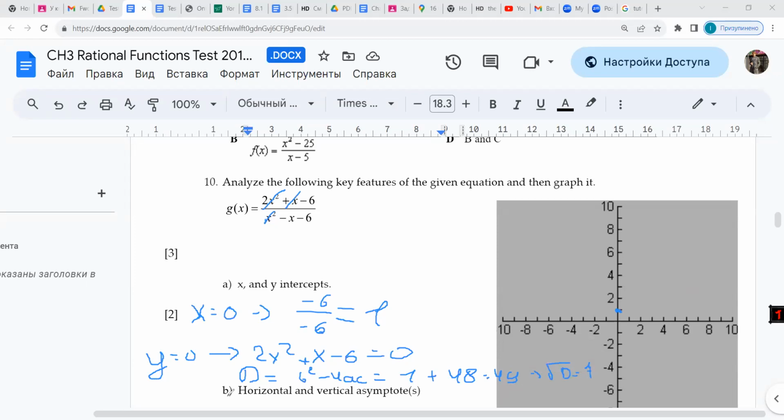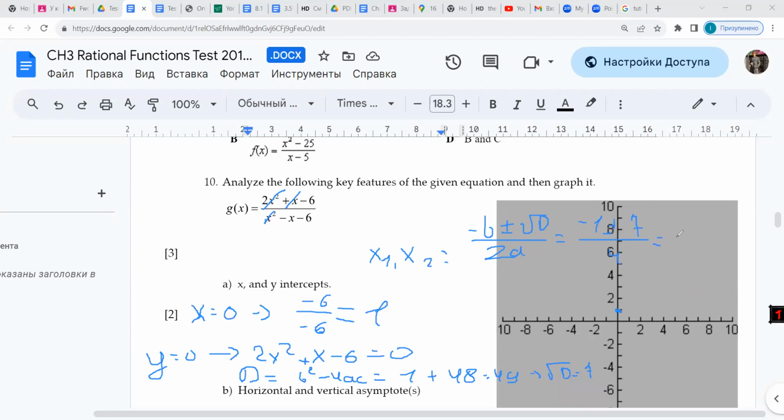Yep. Then x1 and x2 equal minus b plus minus the square root of the discriminant divided by 2a, which equals negative 1 plus minus 7 divided by 4.